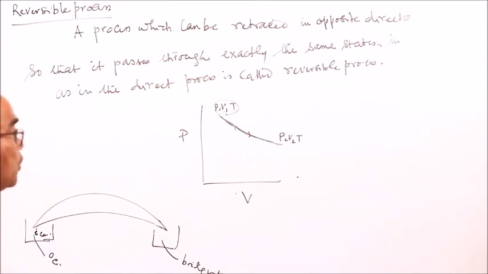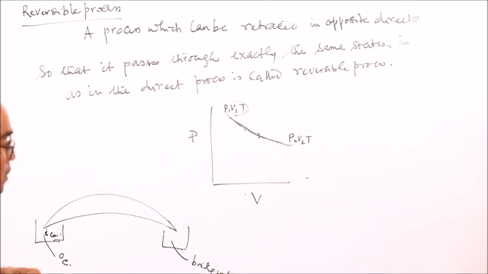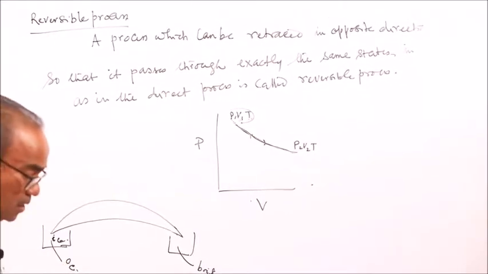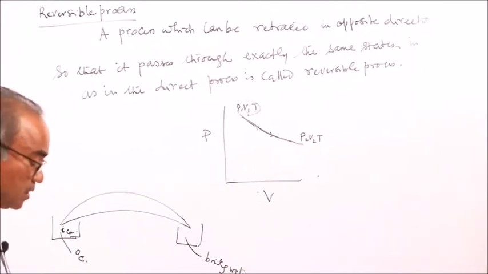Then irreversible: the process which is not reversible is called an irreversible process. Work done against friction: because of friction, heat is produced, and that heat supplied to the surroundings you cannot bring back.